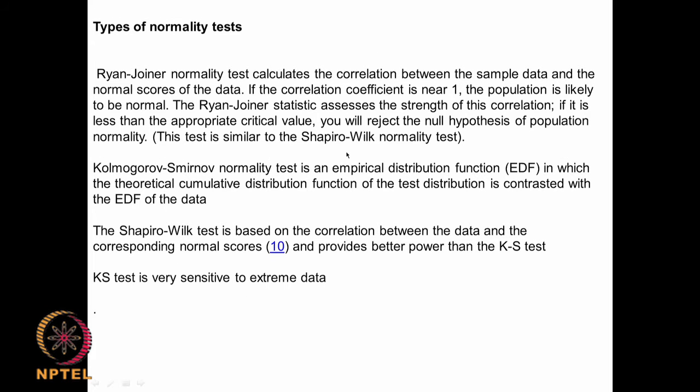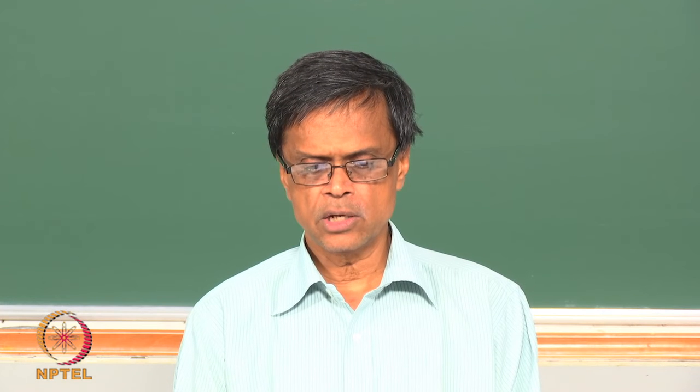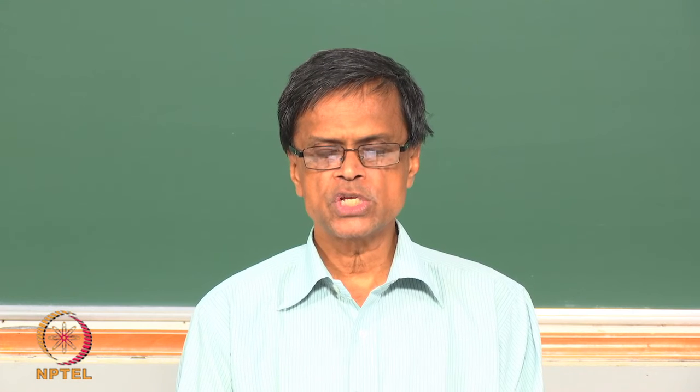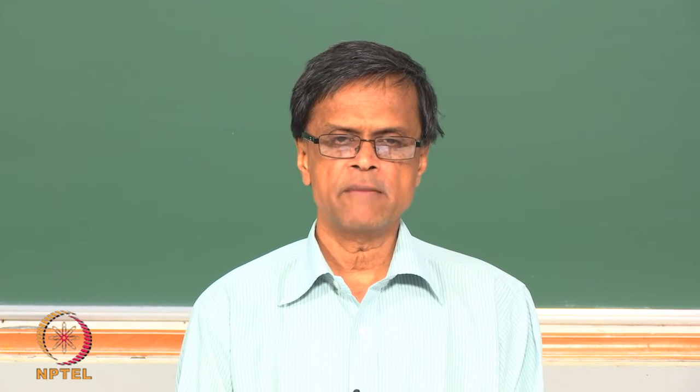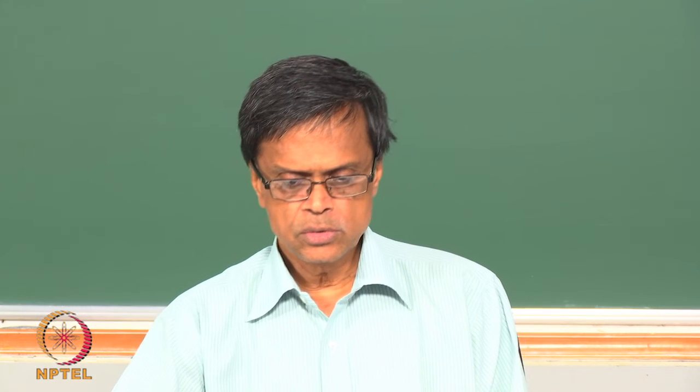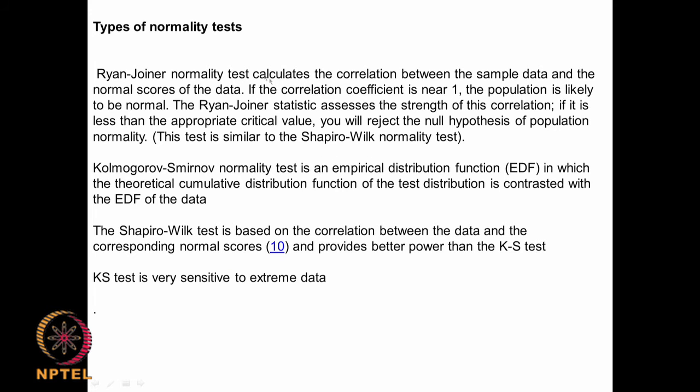Otherwise, the Ryan-Joiner or the Shapiro-Wilk test calculates a correlation coefficient between the sample data and the normal scores of the data, and if the correlation coefficient is high, we can say it is very strongly correlated to be a normal distribution. So, another method called Shapiro-Wilk is also similar to this Ryan-Joiner method, which is based on a correlation.